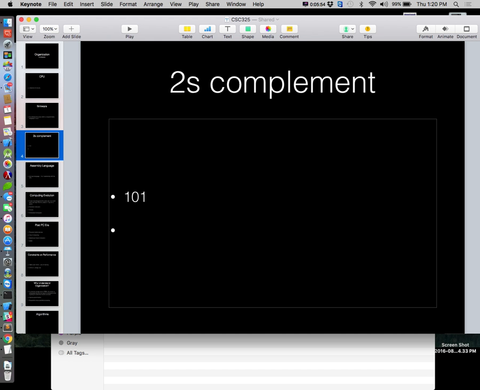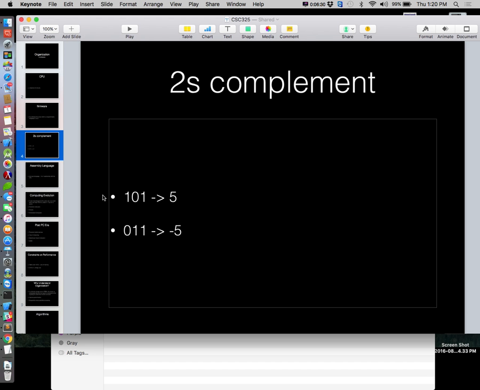To get the 2's complement of that, i.e. to get the number -5, this is 5. -5 would be flipping all the bits, so a 1 becomes a 0, a 0 becomes a 1, a 1 becomes a 0, then you add 1 to that. So this would be -5. Make sense? You switch all of them, then you add 1, because if you have a 1 in the 1's place, then you'll have carry bits.